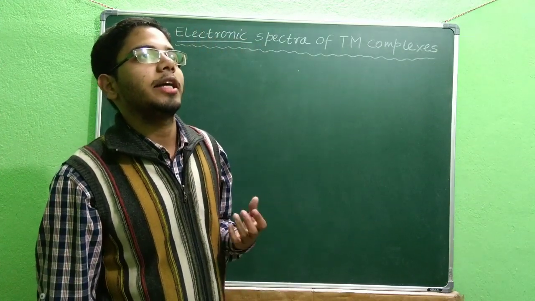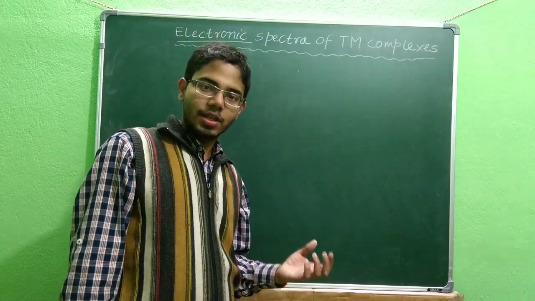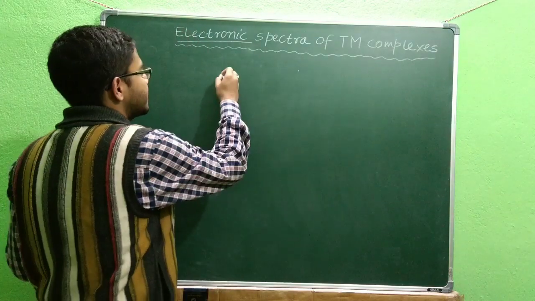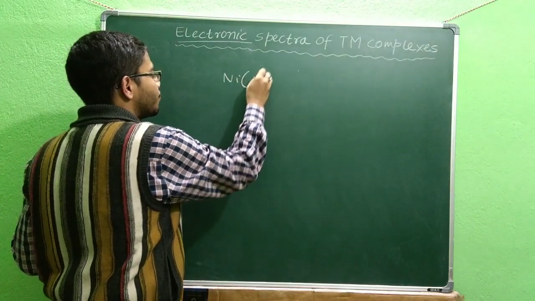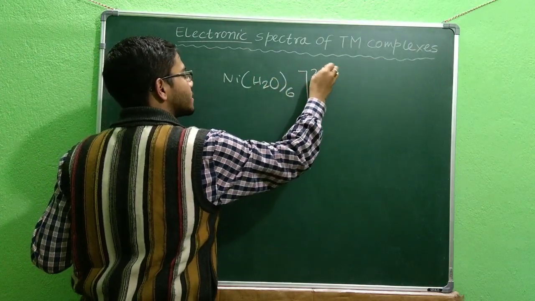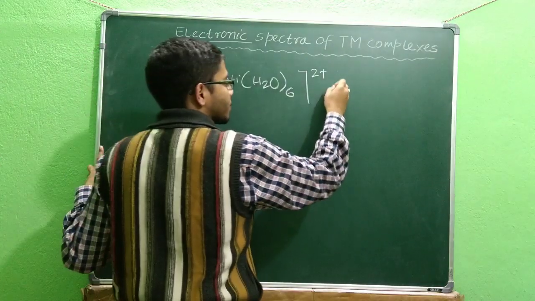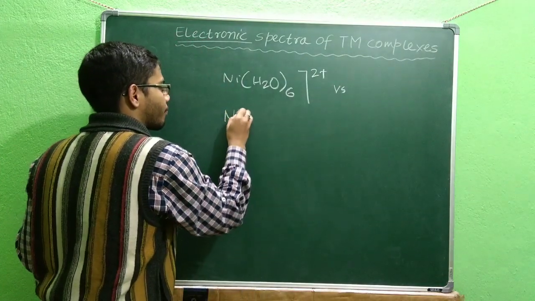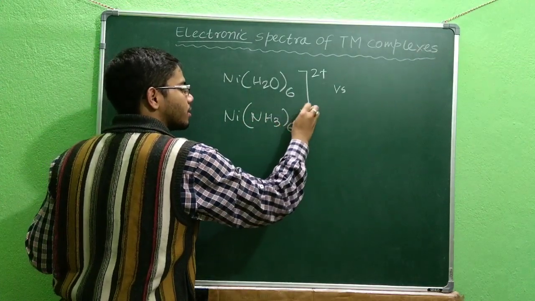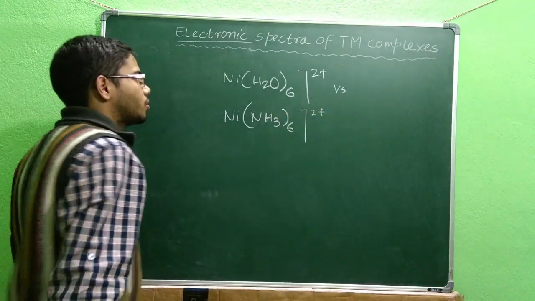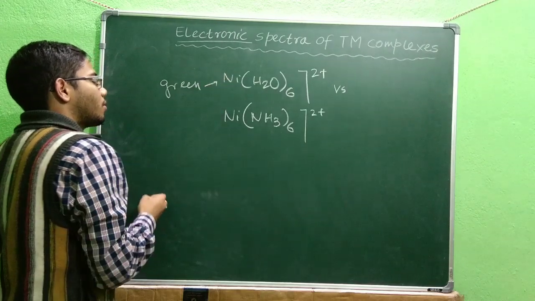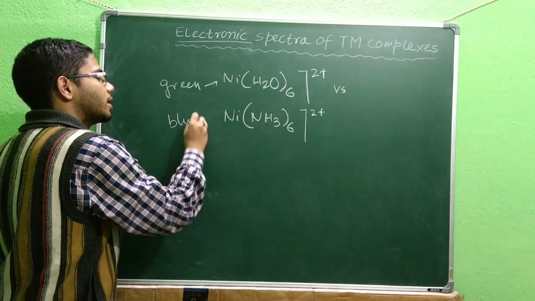Have you ever wondered why different ligands give rise to different colors? So if I tell you hexaaqua nickel(II), [Ni(H2O)6]2+, versus hexaammine nickel(II), the first one is green in color, whereas the second one is blue in color.